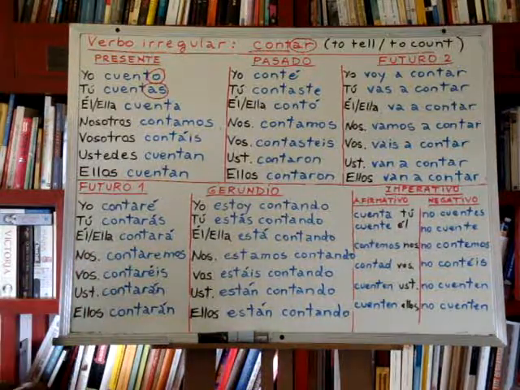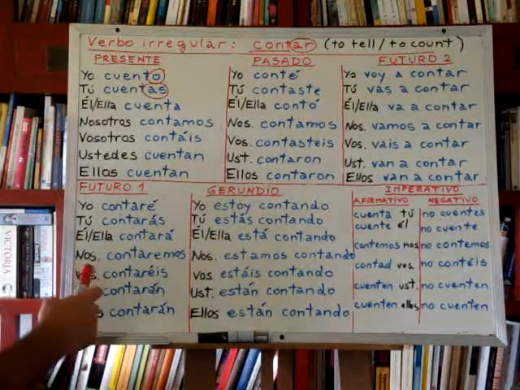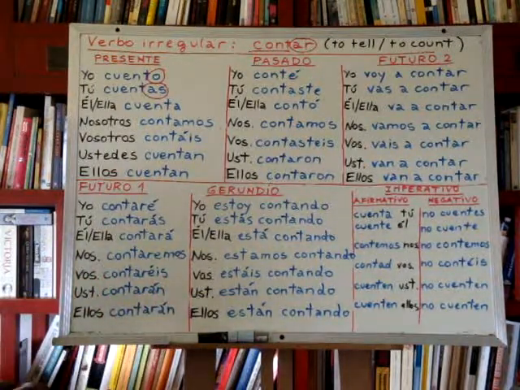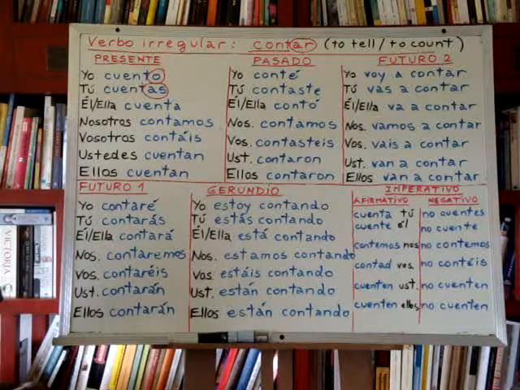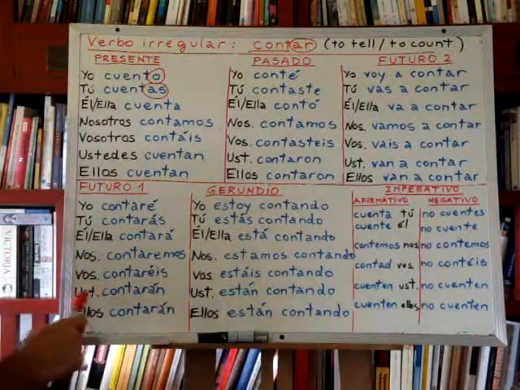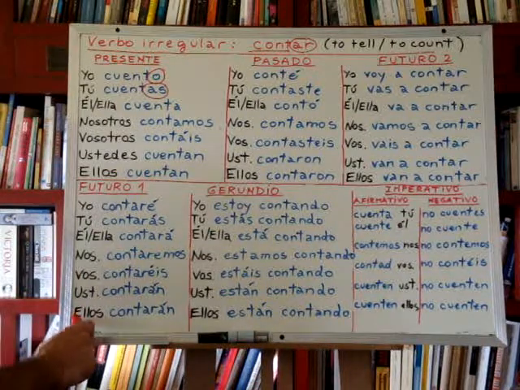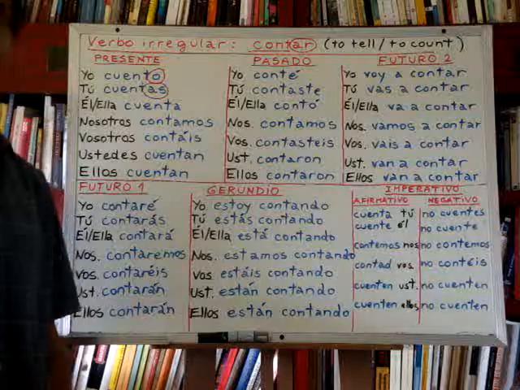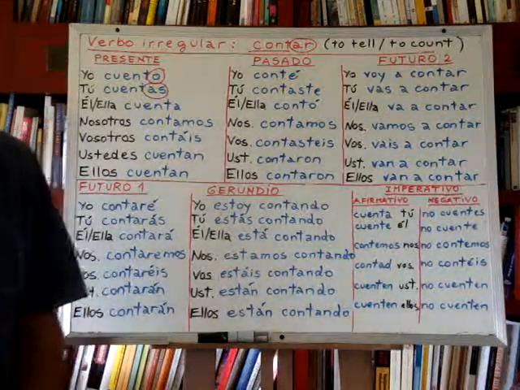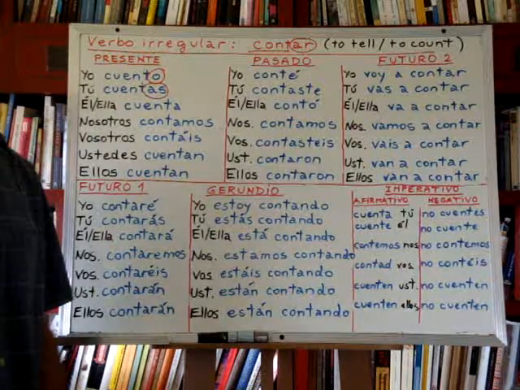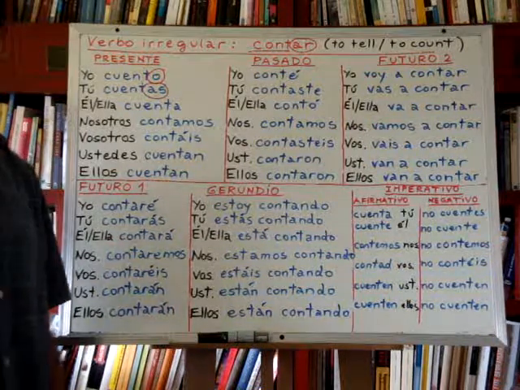We will count or we will tell. Vosotros contaréis. You, plural, will count or will tell. Ustedes contarán, again, you, plural. And ellos contarán, right? Ellos contarán dinero. They will count money. Or ellos contarán un cuento. They will tell a story, right?